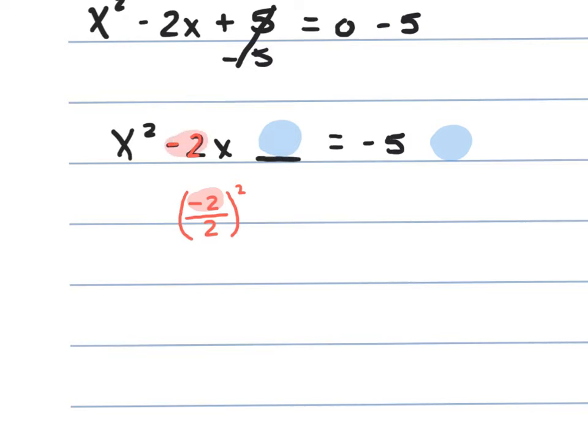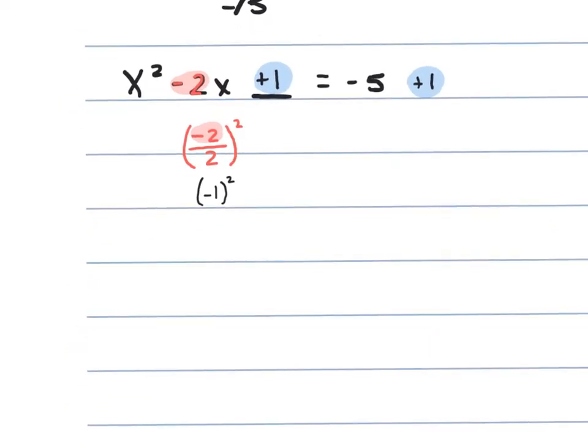So what happens inside the parentheses there? What does that become inside the parentheses? That becomes -1. And then when I square -1, what do I get? So what I'm doing is I'm adding 1 to this side. But I'm also going to add 1 to this side, because that's totally okay to do as long as you do it to both sides. But the number that you choose, that you have to take half of the middle one and then square it.